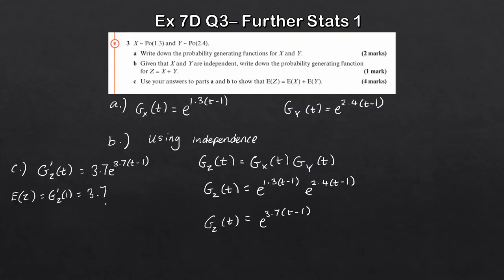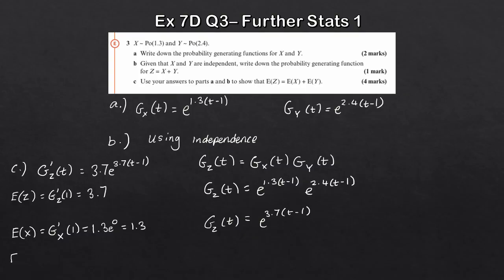Now let's work out the expectation of x and the expectation of y. So we need to differentiate the probability generating function of x and the probability generating function of y. E of x will be g prime of x when we sub in 1. So multiplying down, that'd be 1.3 e to the 0, which would be 1.3.